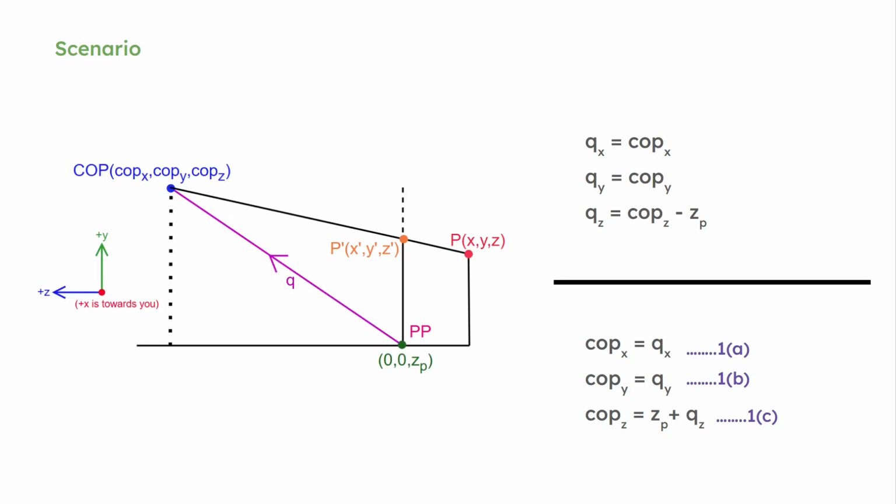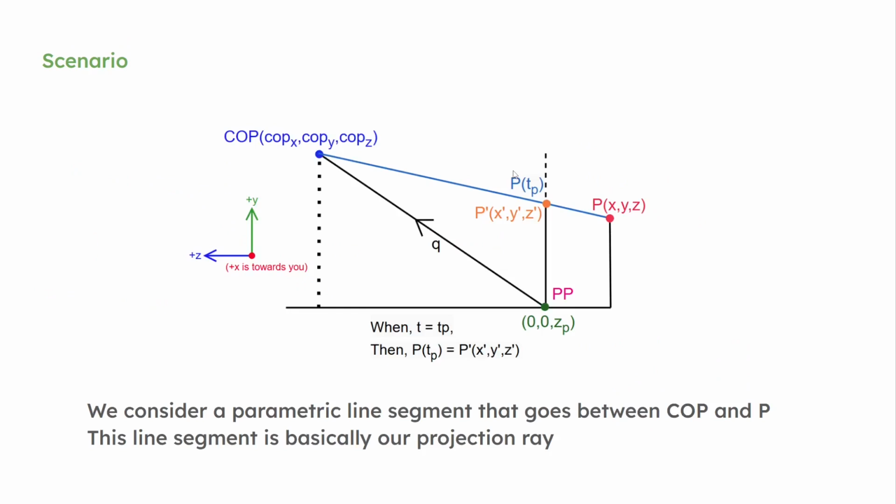Now we'll notice one thing, which is our projection rays, or so-called projectors. Our projection rays start from our target point, which is P, and go towards our center of projection. There are an infinite number of projection rays, but all converge at our COP. Here only one is shown because for the derivation we only need one. So we imagine it as a line segment.